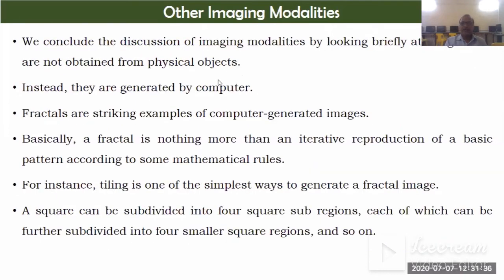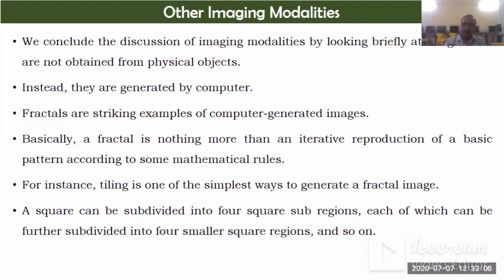Then the next type. So we conclude the discussion of image modeling by looking briefly at images that are not obtained from a physical object. In all the previous techniques we have to take the image from a physical object, so that object is available, and from that we create the image, either using electron beams, or some electromagnetic spectrum, or sound waves.